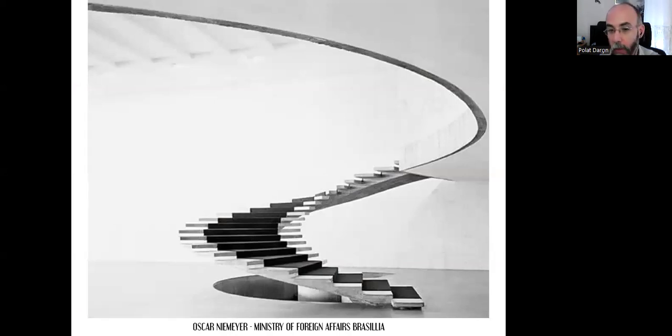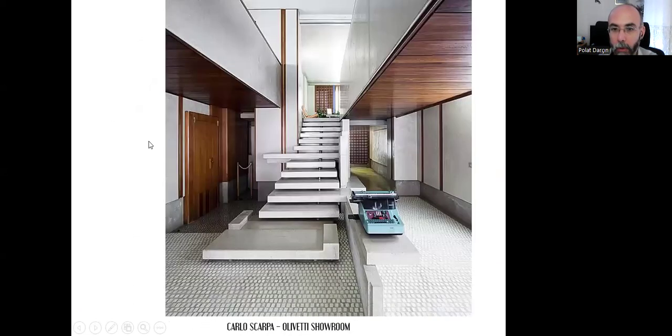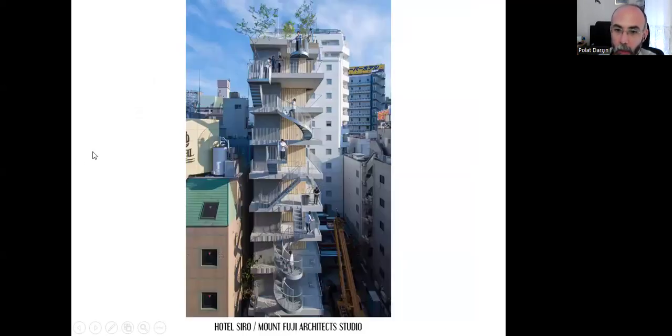Oscar Niemeyer is one of the best examples, in my opinion. Here, the Ministry of Foreign Affairs in Brazil is one of the good examples. Also, I really like Carlo Scarpa's elevator showroom stairs. In my opinion, it's like a sculpture, not just for the indoor spaces, but for the facade of the building and for the outdoor spaces, and it can be used as a design element as well.